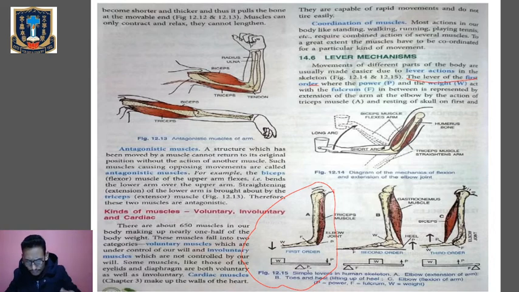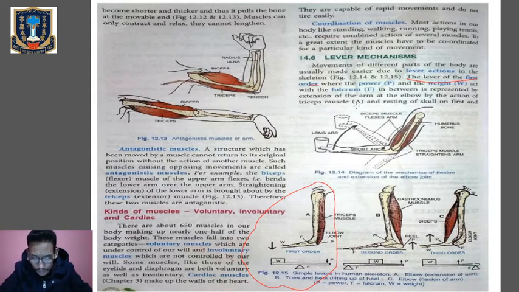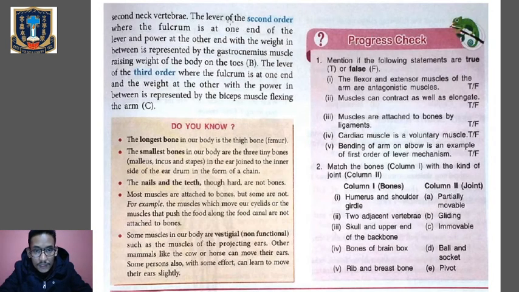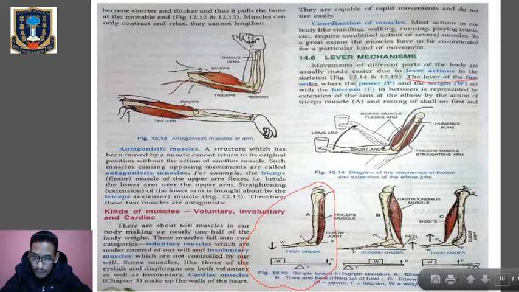Look over here. In second order actions, the fulcrum is at one end of the lever and the power at the other end, with the weight in between. So here the fulcrum is at one end, the power is at the other end, and in between we have the weight.